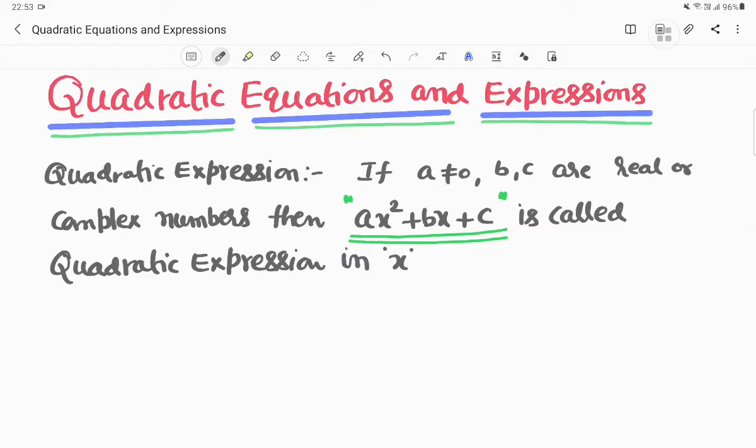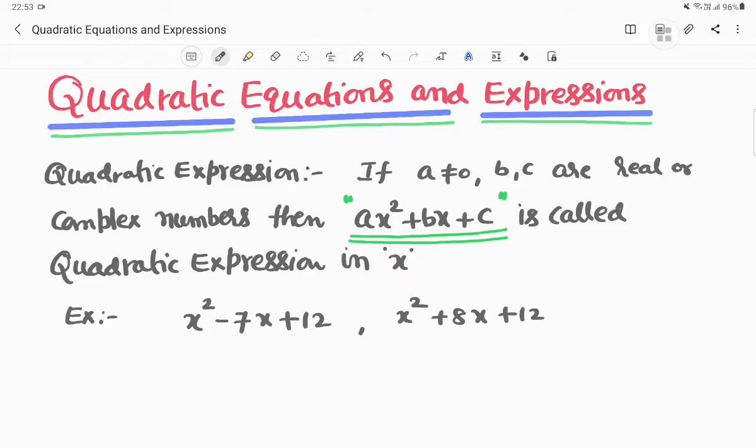For example, x square minus 7x plus 12. This is a quadratic expression. x square plus 8x plus 12. This is also another quadratic expression. Sir, why are you writing only in algebra? Why can't you write in the complex number form?